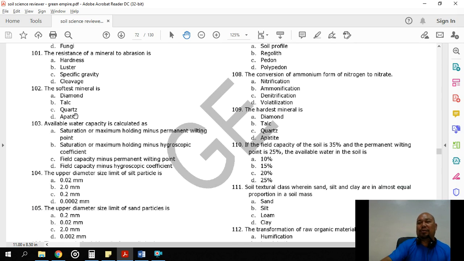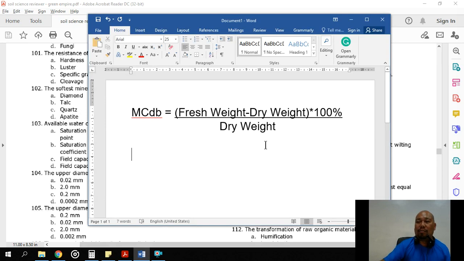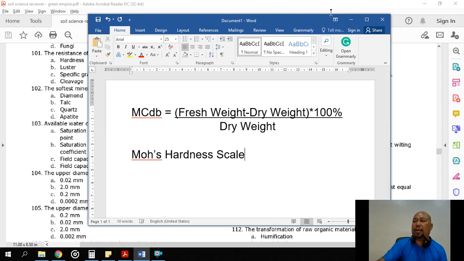Okay, I'm not sure about quartz and apatite. It should be somewhere within the Mohs scale of hardness. Mohs hardness scale. You look that up. I won't show it to you, so look it up. Hopefully you will look it up. Don't rely too much on the input in the compendium.